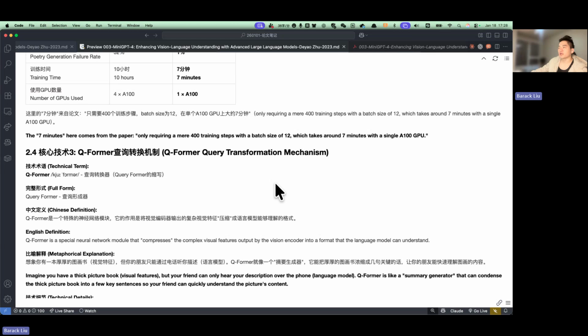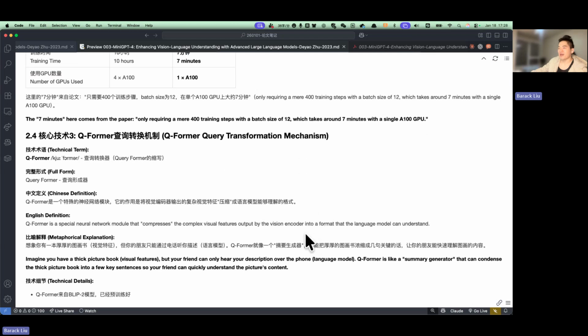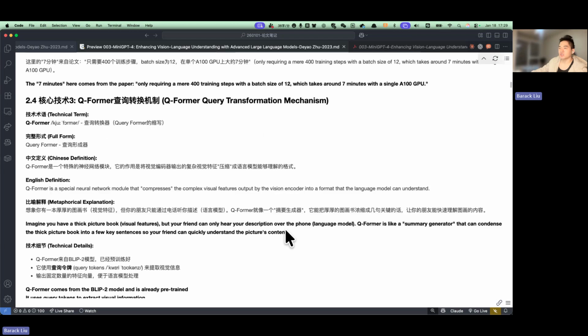Core technology 3, Q-Former query transformation mechanism. Q-Former is a special neural network module that compresses the complex visual features output by the vision encoder into a format that the language model can understand.